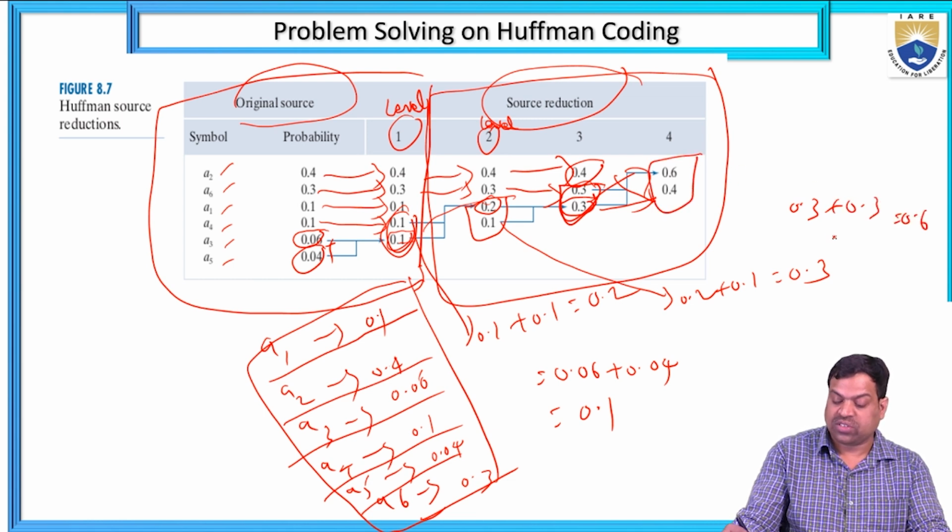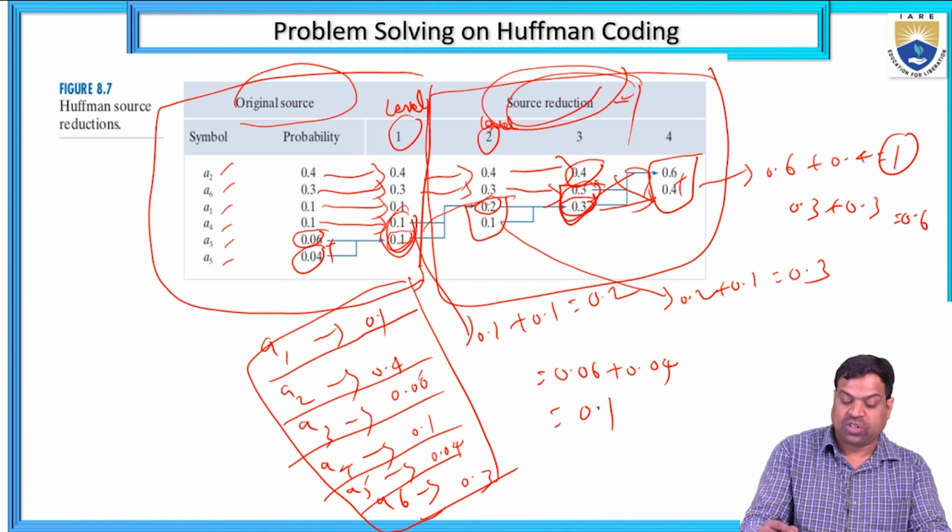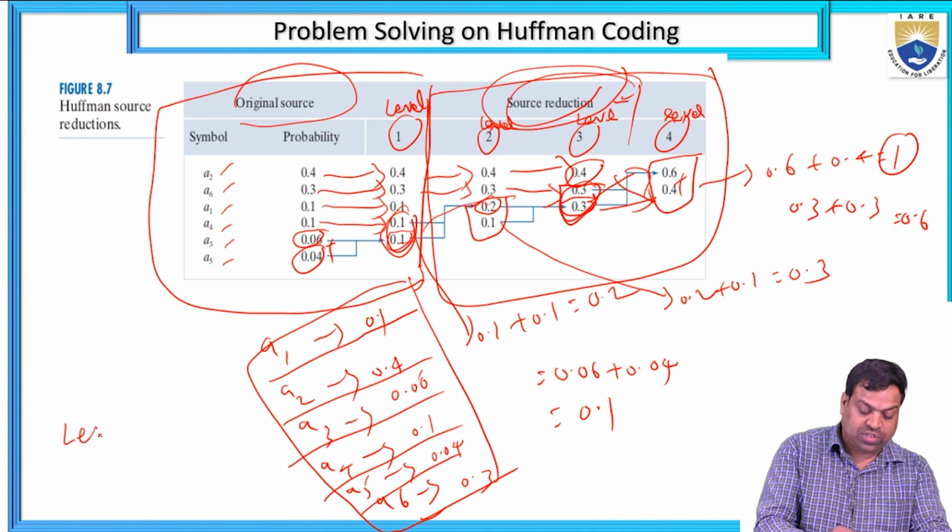Then 0.6 plus 0.4 is equal to 1. What is the probability? 1. So the source reduction equals 1. It is level 3, then level 4. So within level 4, the probability is equal to 1.